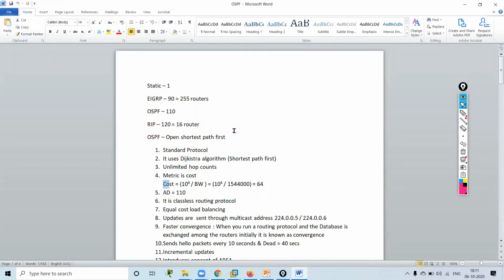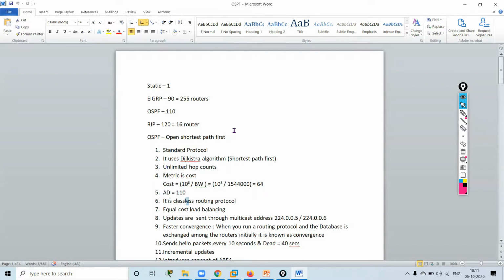If I see the cost of a serial link, serial links have a bandwidth of 1544 kbps. I calculated the cost and got 64 as the cost of a serial link. Then the AD value is 110.